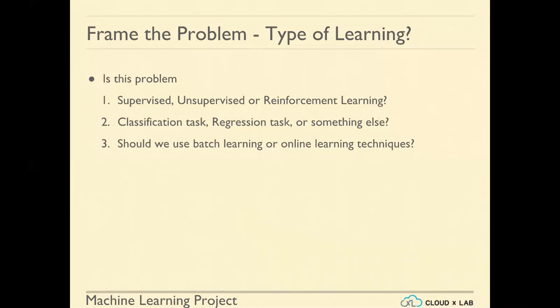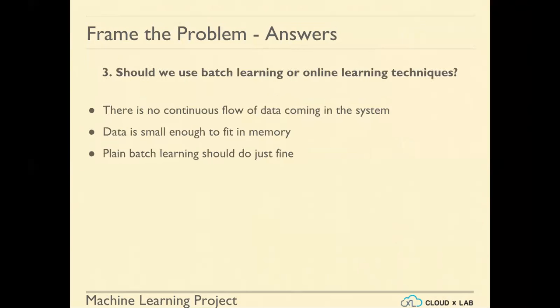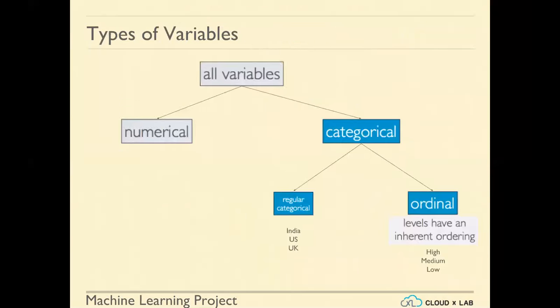Classification or regression or something else? Yes. So this is a supervised learning task, that too a regression task. Now, next question is, should we use batch learning or online learning? In this case, since we will train it again and again on the entire data set, we are going to use batch learning. All right.